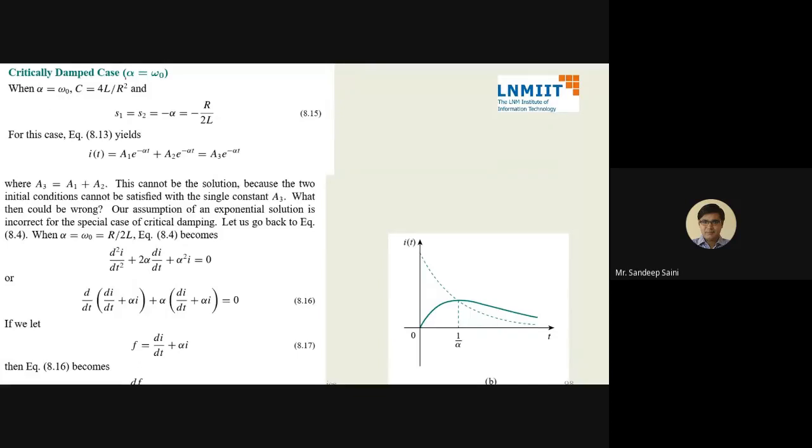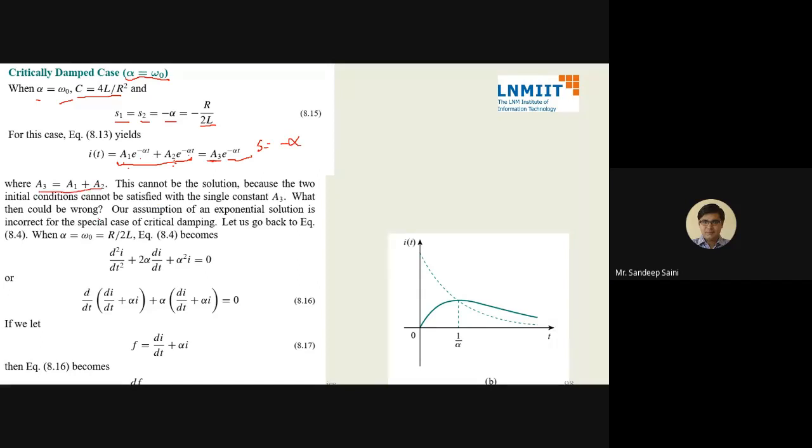Second case is if alpha is equal to omega. Then S1 and S2 both will be the same, equal to only minus alpha. In that case, my complete solution, which was a1 e raised to power s1 t plus a2 e raised to power s2 t, will become a3 e raised to power st, where s is minus alpha.